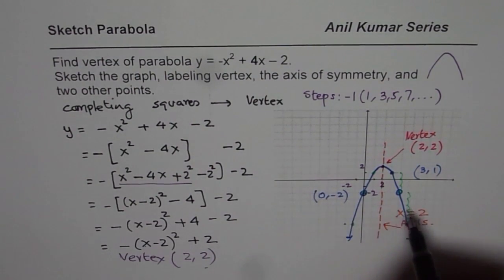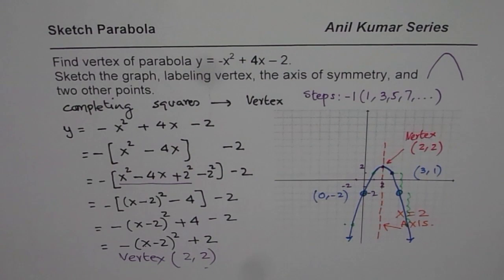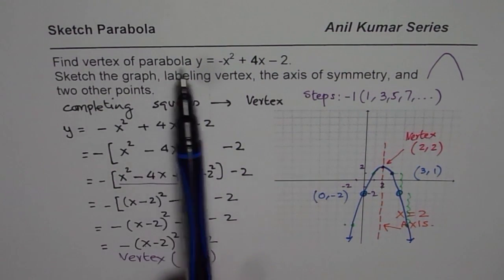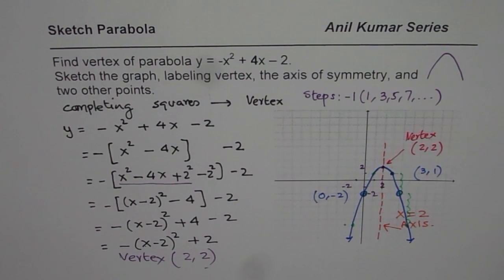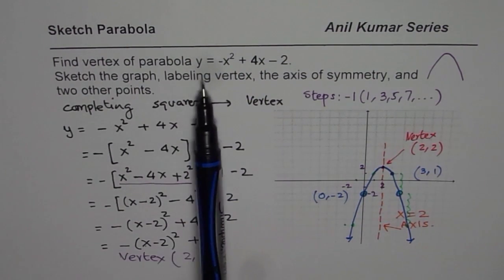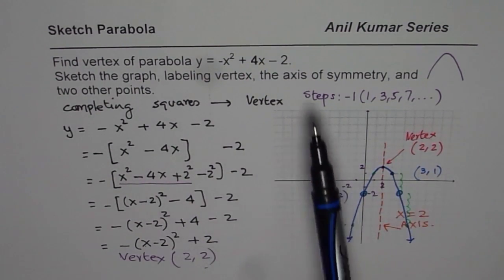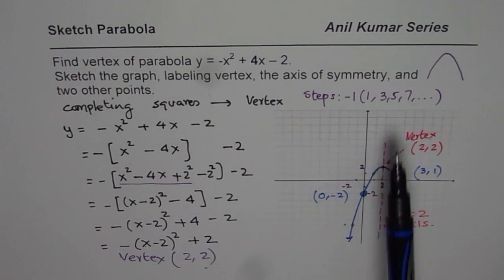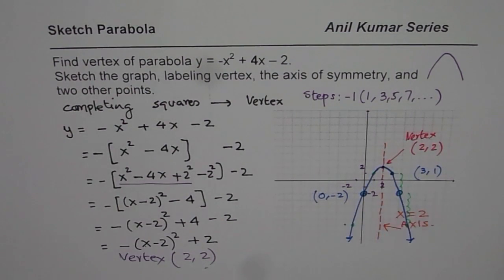So likewise, we can give a couple of points, right? So I think we have answered all parts. So we found the vertex of this parabola, which is 2, 2. Sketch a graph, labeling the vertex, there it is. Axis of symmetry, there it is. And 2 other points. These are the 2 points which we are reporting for the time being.